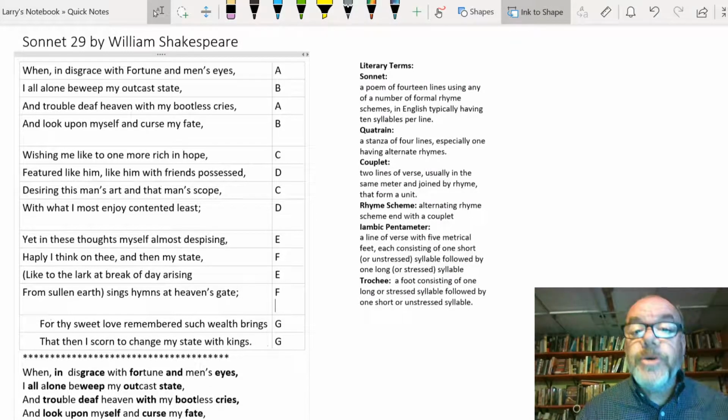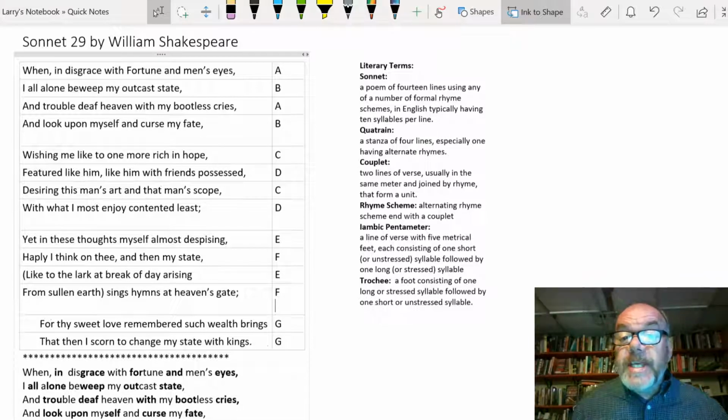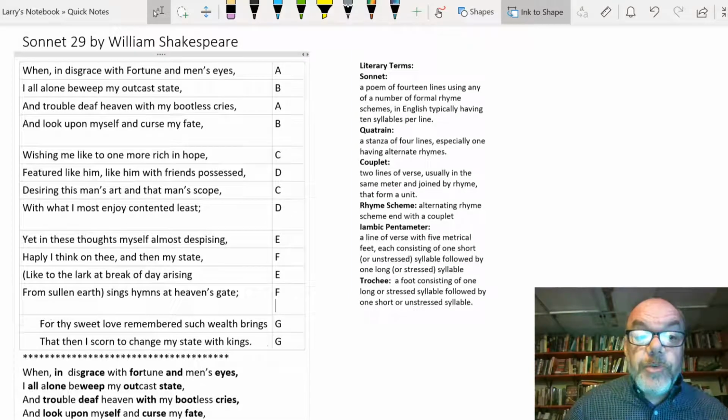We love our ambiguity because it allows us to have multiple readings, if you will. But those multiple readings have to be connected to the poem. So when the speaker of the poem feels this way, they look upon themselves and they curse their fate. Curses! I'm out of fortune, and heaven is not listening to me. So that's quatrain number 1.